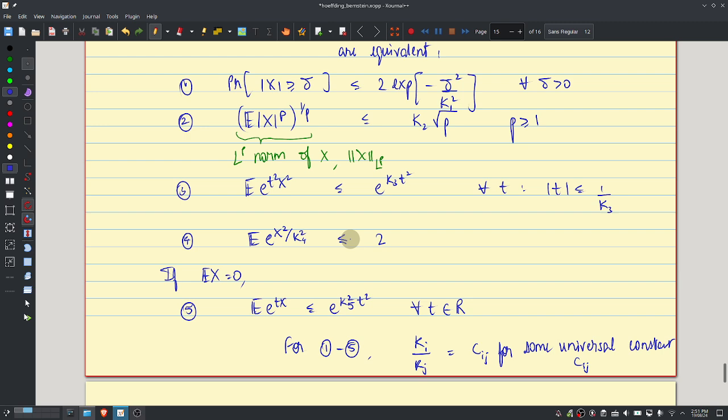You'll see that the ratios you can still take them to be, they may not be the best universal constants, right? So let's assume that the constant is 10 in this case. For some distribution, k1 turns out to be 10. Maybe that's the tightest constant, maybe it's not. Even if I substitute k2 to be equal to 20, which is larger than k1, it will still satisfy this inequality.